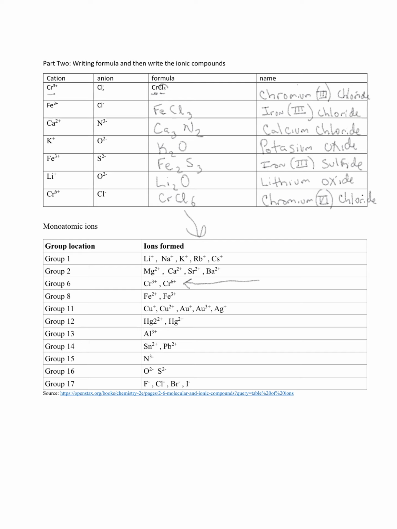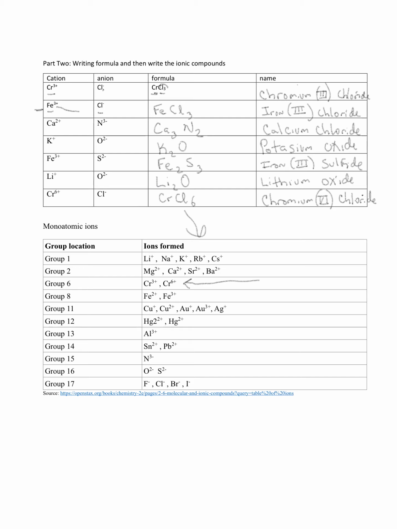Okay, so if we look at the second one, you have the iron and the chloride ion. I write it out, I have FeCl3. Now, if you recall, one of the methodologies for figuring out the number of each one of these elements is I can do a crossing of the charges.